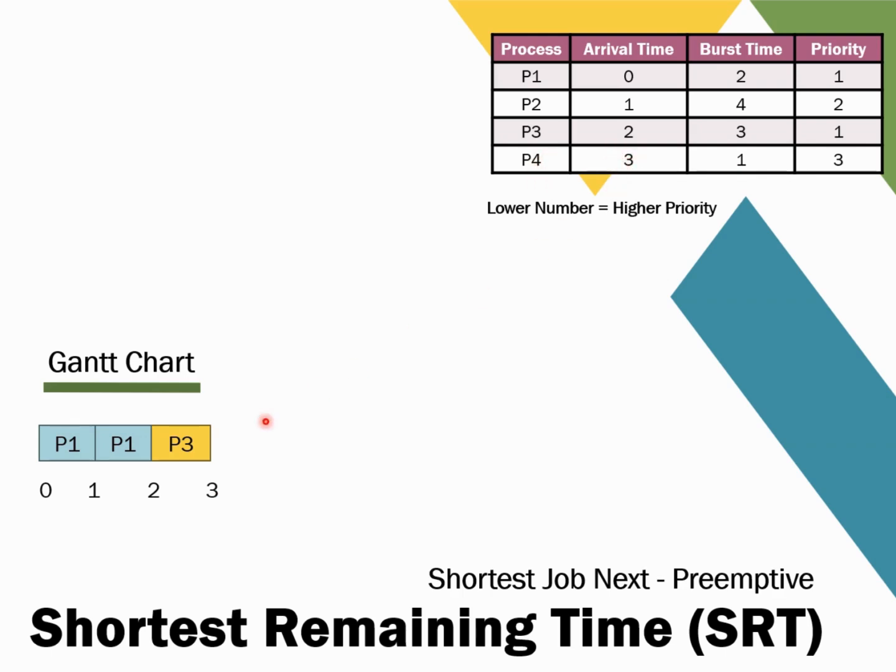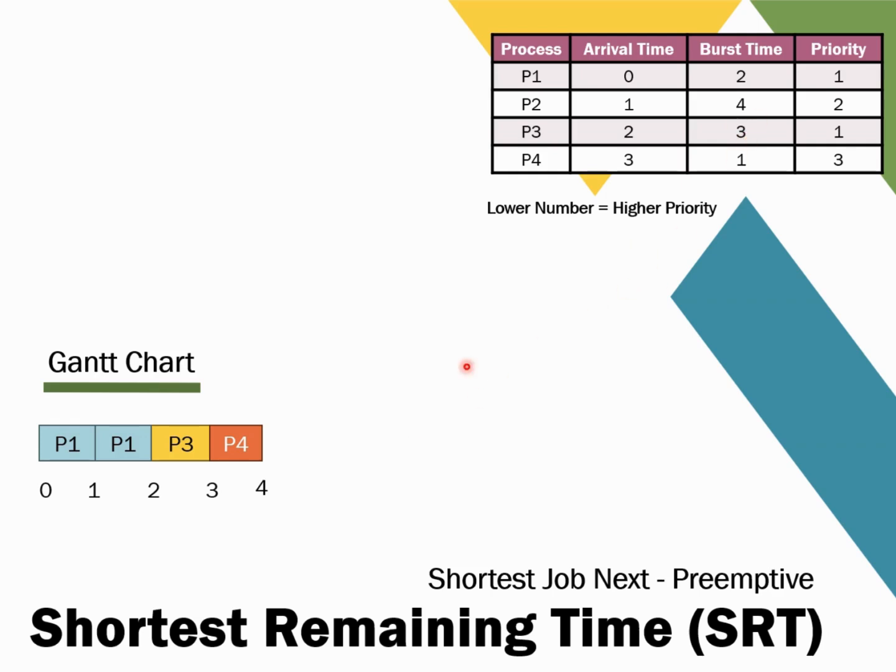So at time 3, P3 completed 1 nanosecond of its work, so it now needs 2 more. But at time 3, process 4 only needs 1 nanosecond. So we deallocate the CPU from P3 and allocate it to P4. P4 got the CPU between 3 and 4, and it is completed.